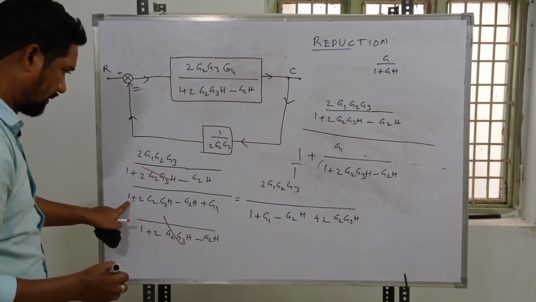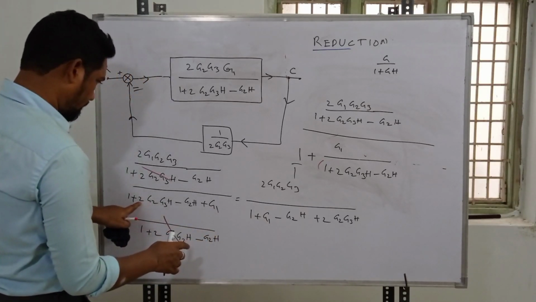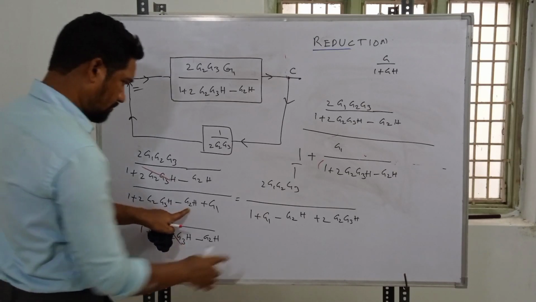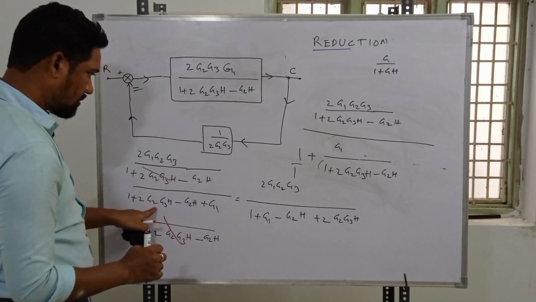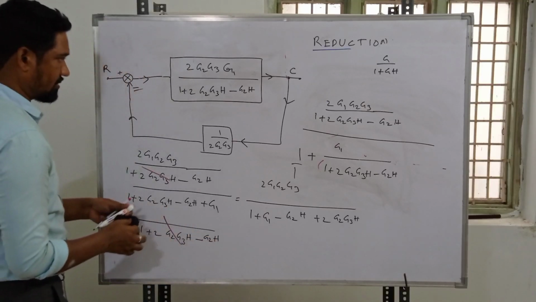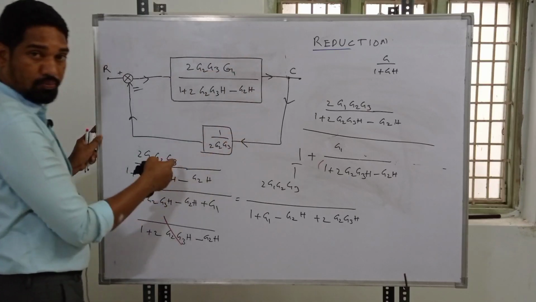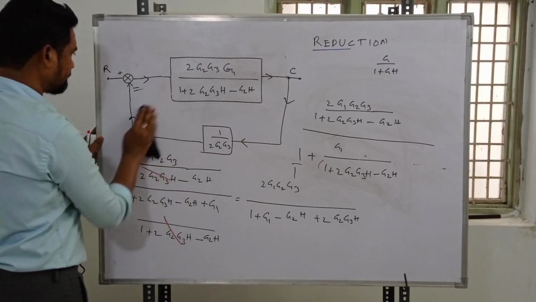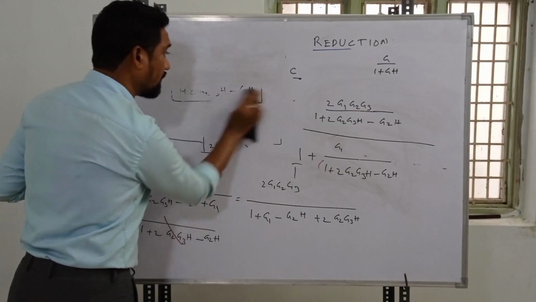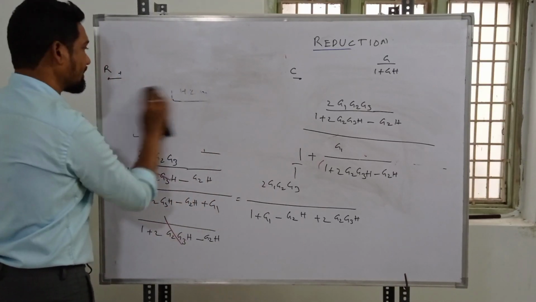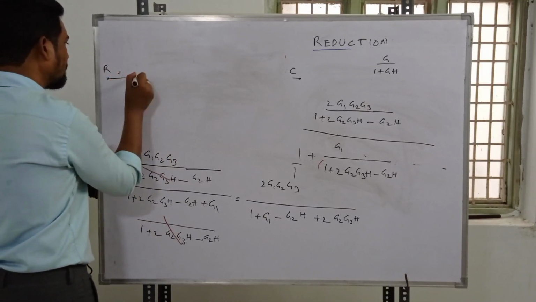We got that 1 plus G1 minus G2 into H plus twice G2 G3 into H. Guys, now this is the reduction, in the sense removing this feedback loop. It could be eliminated completely with C over that side, output over that side, input over this side, with a single block.